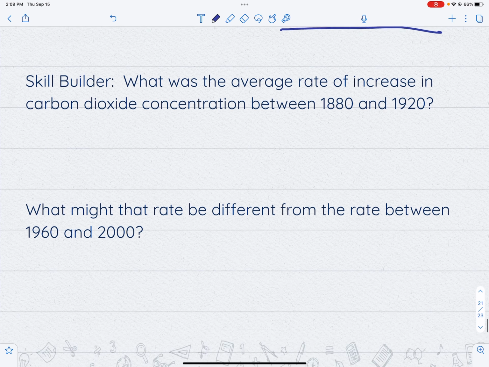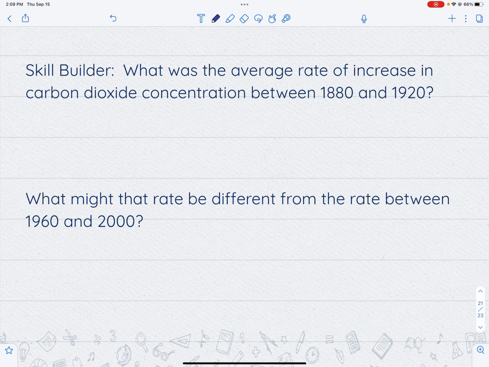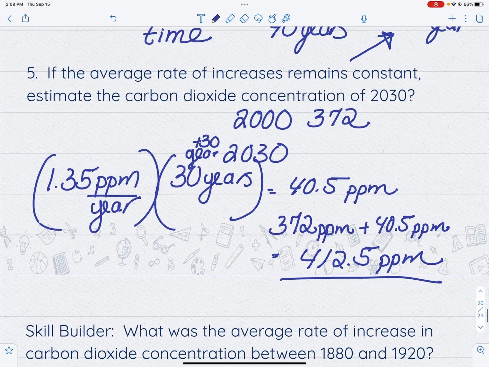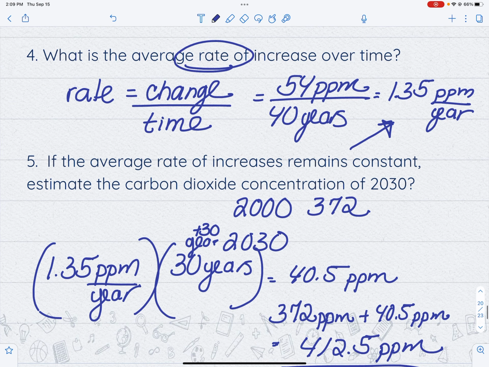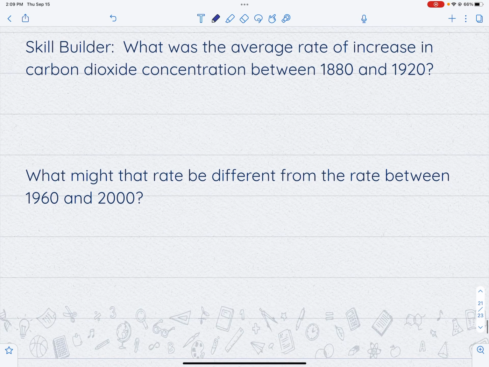This next question says, what is the average rate of increase in the carbon dioxide concentration between 1880 and 1920? So it's asking you to do basically the same thing we did in number 4, but over a different time range. So pause the video and see if you can calculate that.